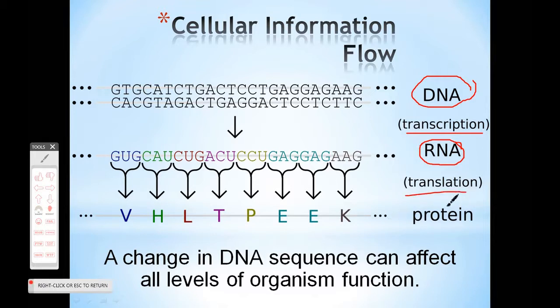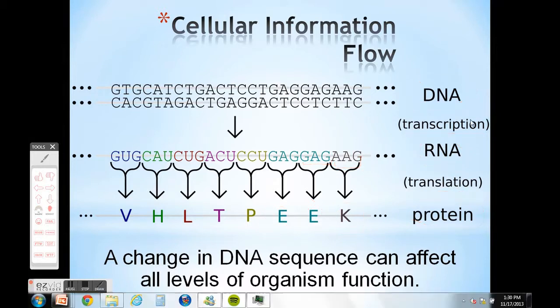It can be translated into a protein. So every 3 letters in an RNA molecule is going to code for an amino acid. Each of these letters here is representative of an amino acid. So that's how we go from our blueprint actually to what we look like. From DNA, DNA goes to an RNA, RNA goes to a protein: transcription and translation. It gets pretty in-depth, but we're just keeping it minimalistic for now.